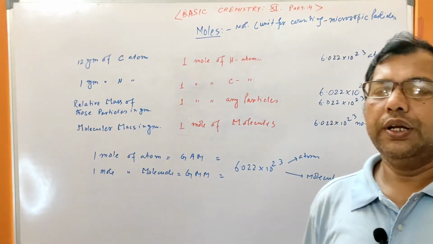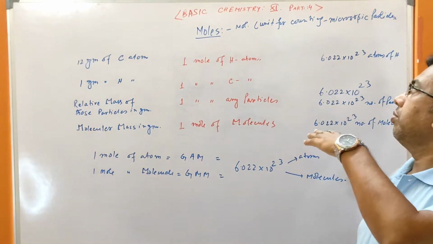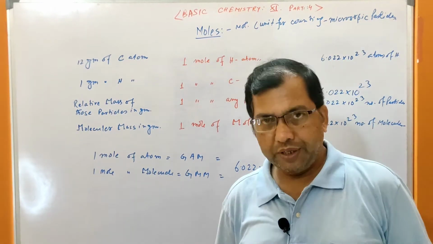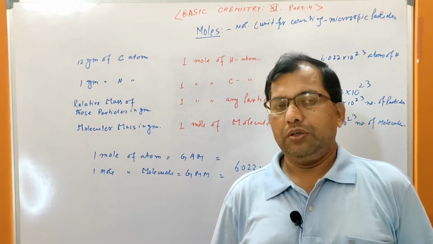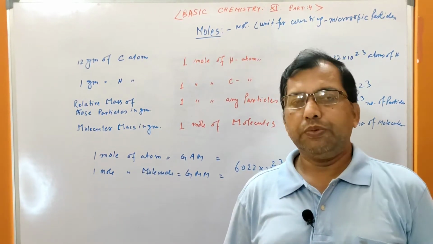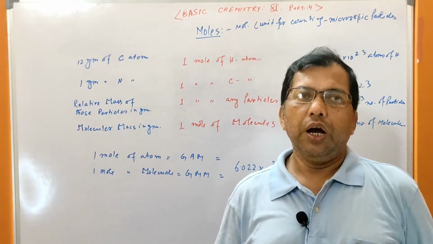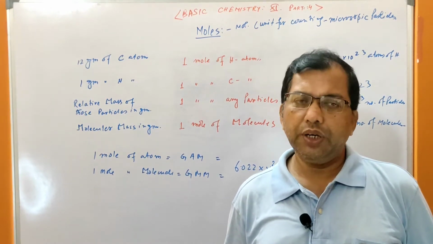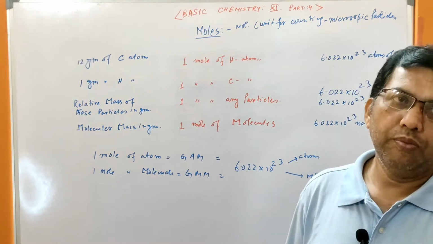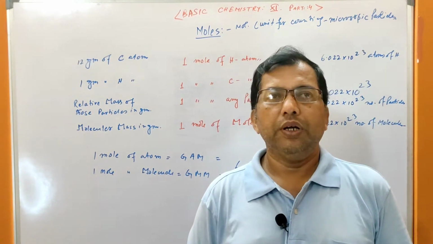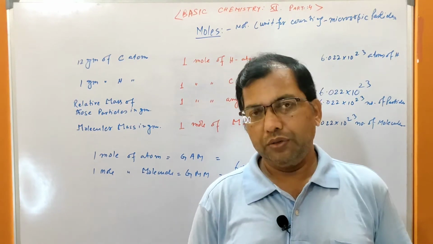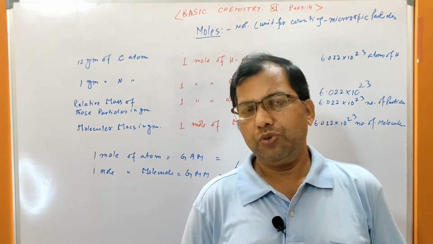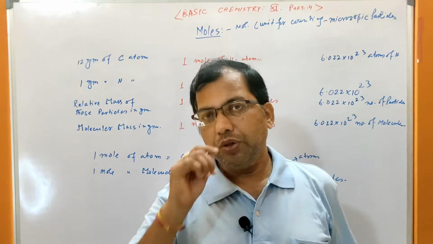So yesterday in part 3, what did we discuss? Mole, what is a mole, the mole concept, who has given the concept of mole. Its value is 6.022 × 10^23; how we obtain the value I have discussed in extra classes. And 1 mole of any atoms, molecules, ions, the number of particles is the same, that is 6.022 × 10^23.